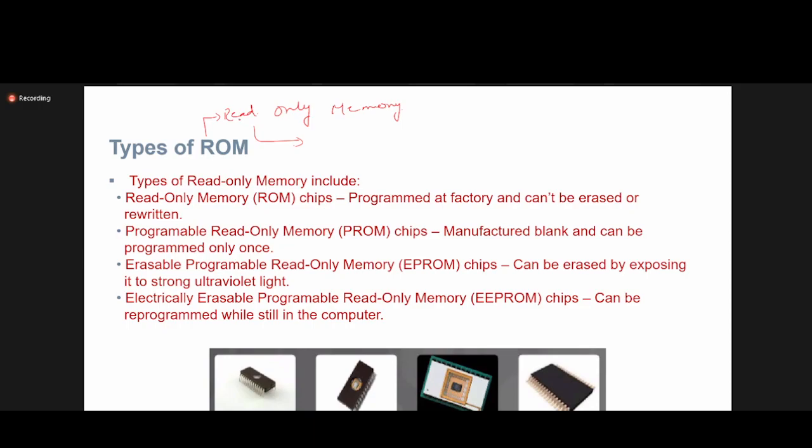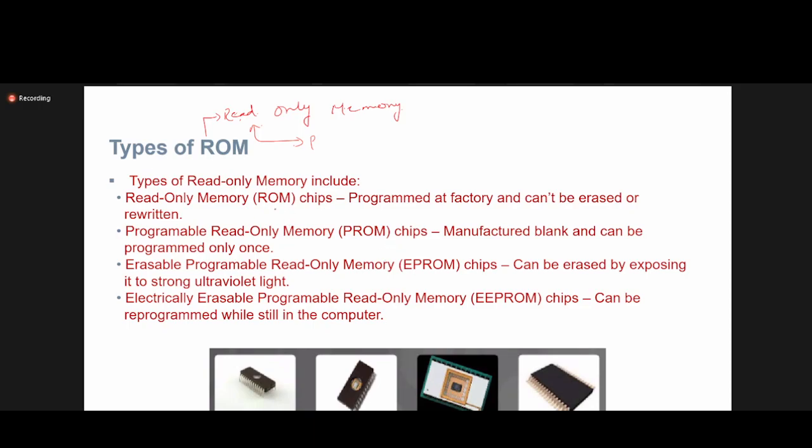So the processor can only read information from this memory, and cannot write. It cannot be done inside the system. It is programmed at the factory and cannot be erased or rewritten when it is inside the motherboard.